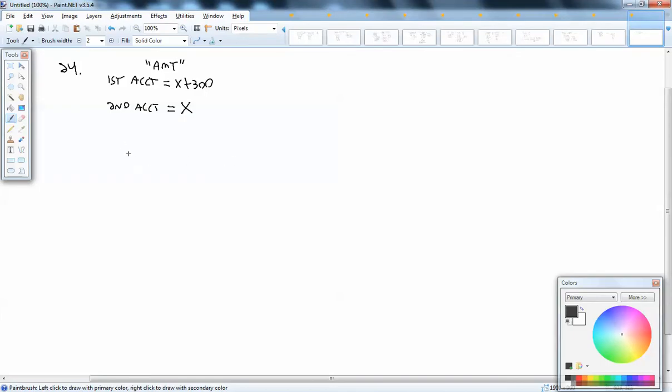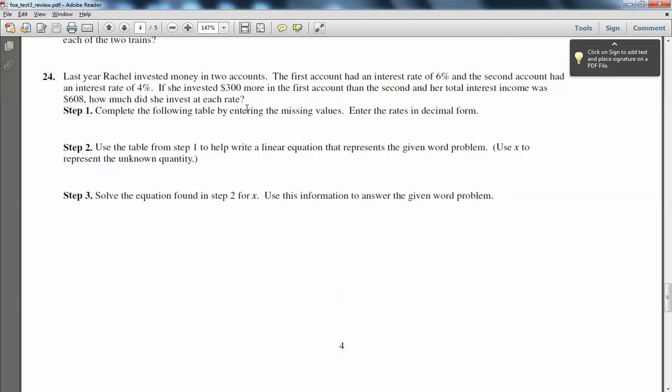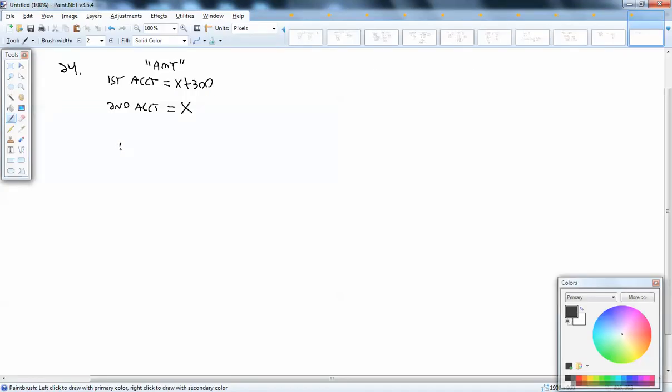Now, for the total investment, we got our first account plus our second account, which is going to give us our total. You invested money in this account and in this account, so together, whatever they give you will give you your grand total. That's how much you received off your investments.